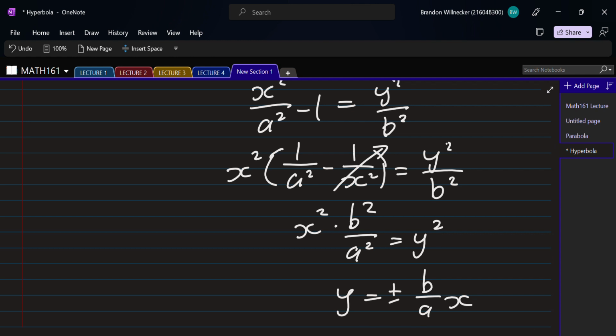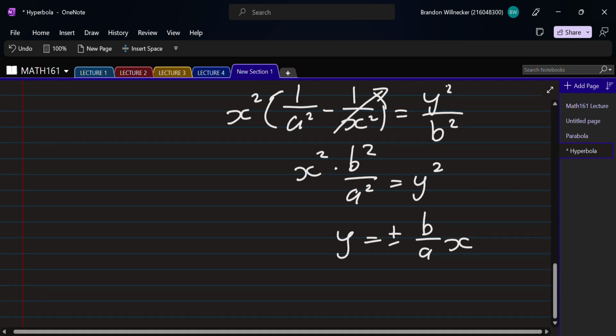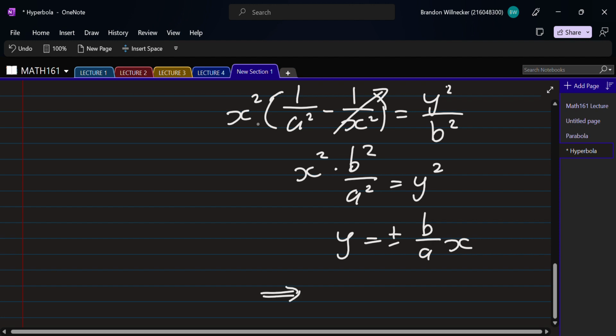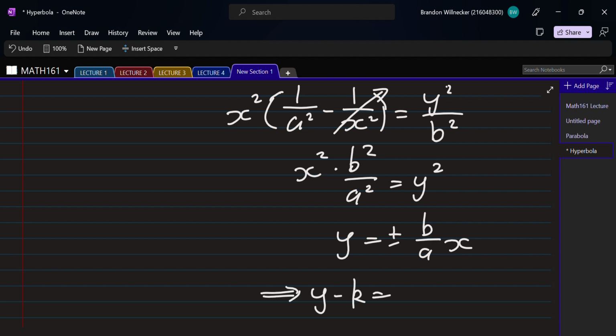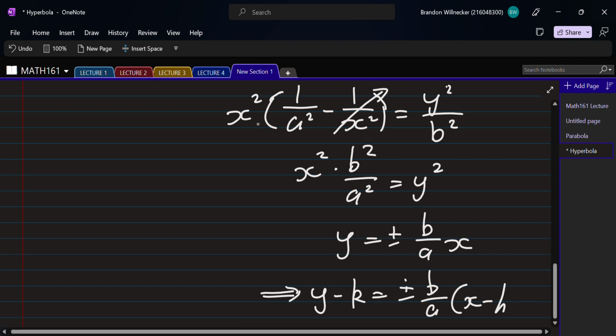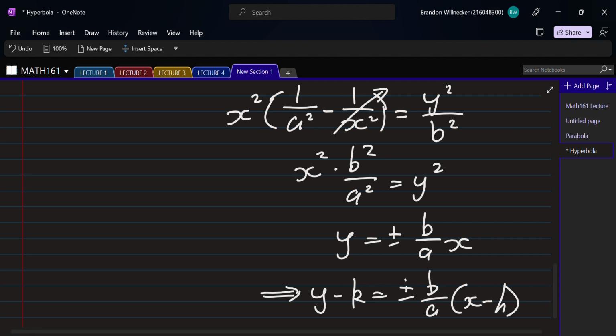And if the hyperbola were shifted, then this would also shift. So if we want to shift this, we can say y minus k is equal to plus or minus b over a times (x minus h) if we were to do a horizontal and vertical shift. But that's very easy. Once we know the original, shifting is just subtracting h from x and subtracting k from y.